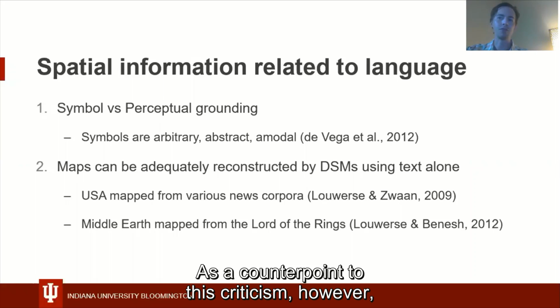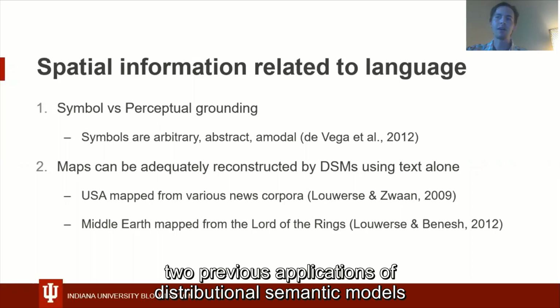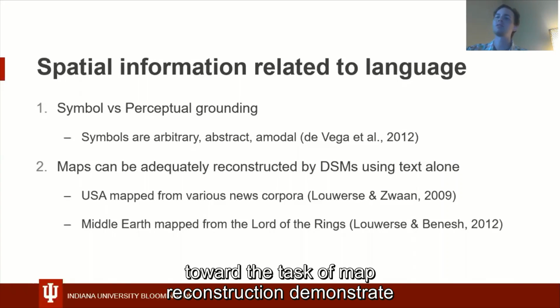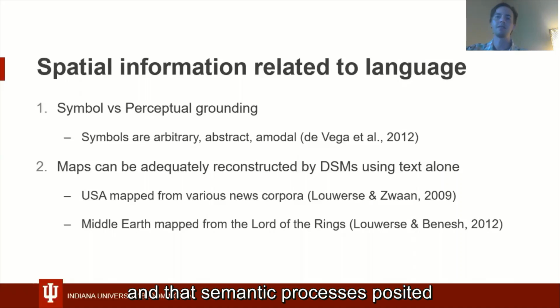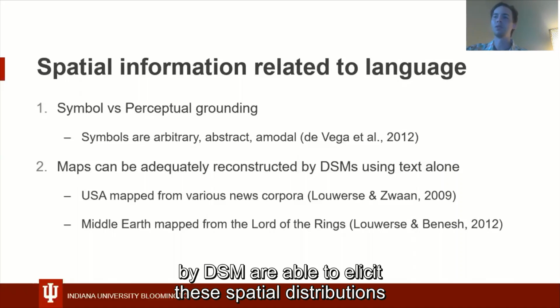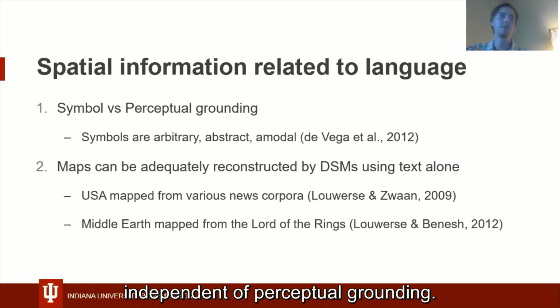As a counterpoint to this criticism, however, two previous applications of distributional semantic models toward the task of map reconstruction demonstrate that spatial distributions can be encoded in language, and that semantic processes posited by DSMs are able to elicit these spatial distributions independent of perceptual grounding.